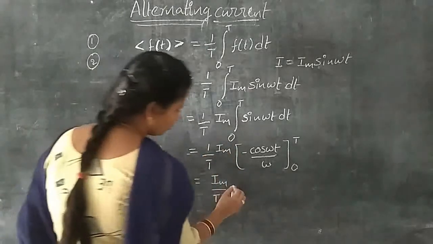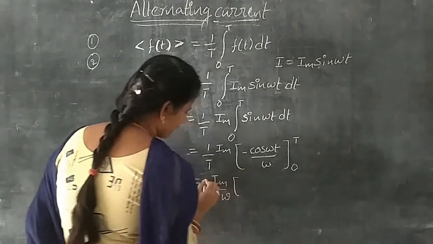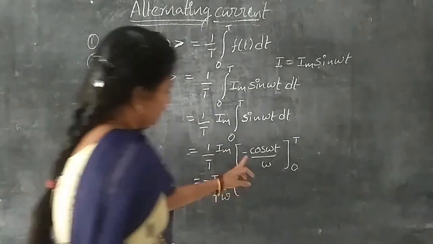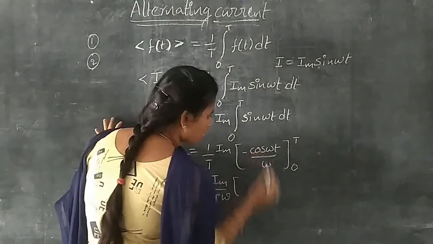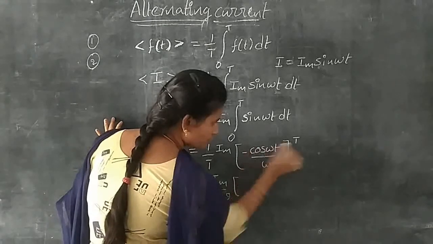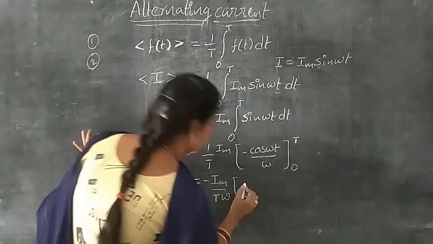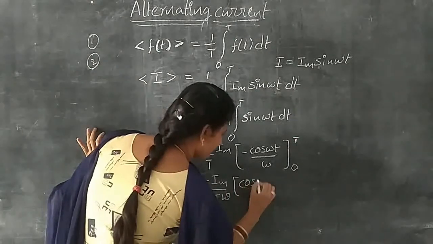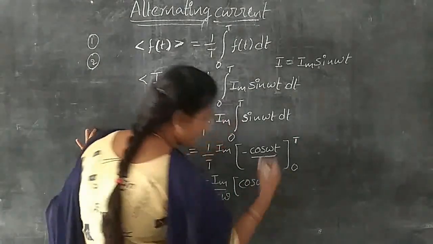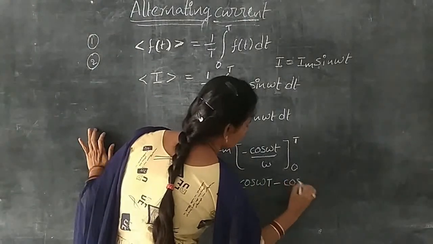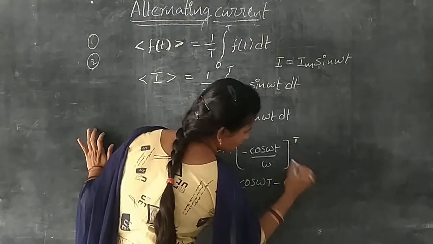So we get Im by T omega, taking the minus: minus cos omega t, and in place of t I substitute capital T. Apply the limits: cos omega T minus cos 0, in place of omega t being 0.